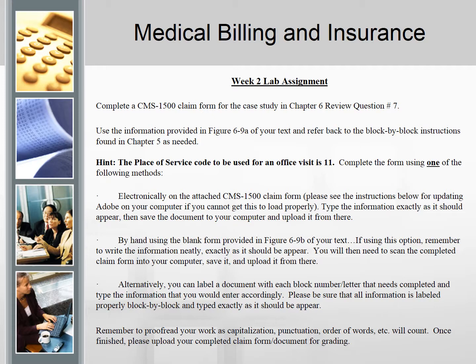Write in the information as it should appear, scan that into your computer, save it, and upload that document. Or finally, you can just label a document with the block numbers and letters, and then type in the information that needs to be filled in and save that and upload that document. So you have those 3 options.